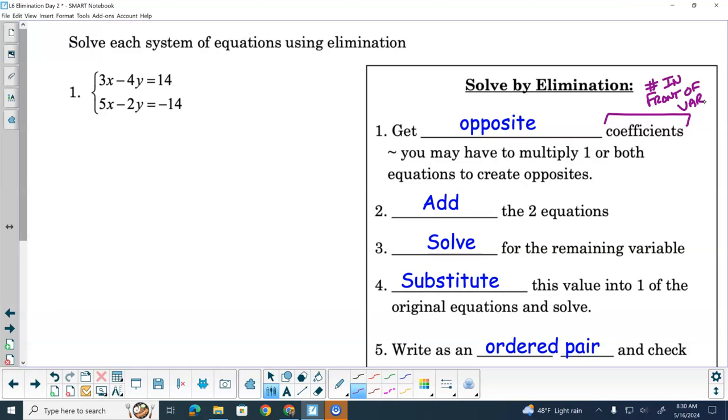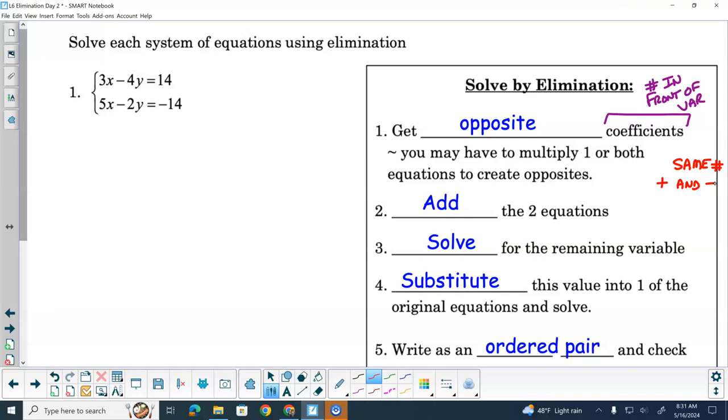And we said yesterday that we need them to be the same digit. One's got to be positive and one's got to be negative. So it's the same digit, one positive, one negative. Okay?